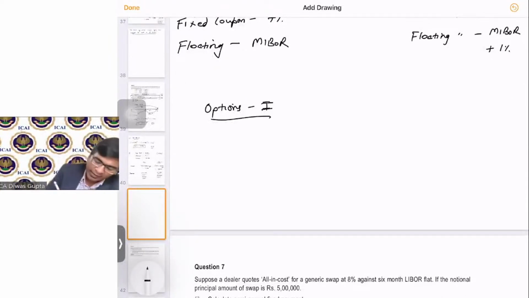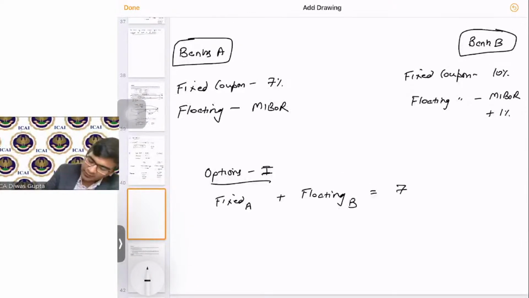One, if I ask A to borrow in fixed and B to borrow in floating, then what would be my rate? My rate will be 7% plus MIBOR plus 1%. So in totality, it will be MIBOR plus 8%.